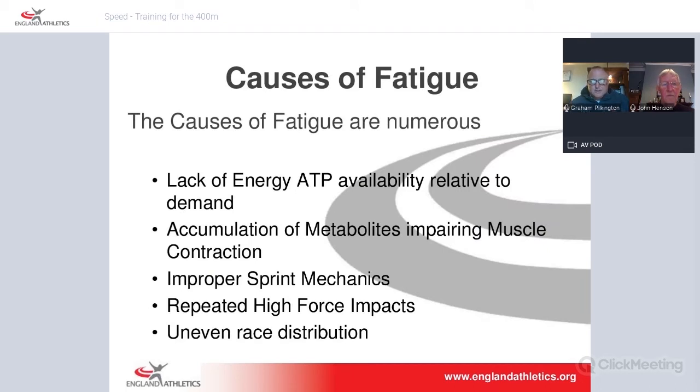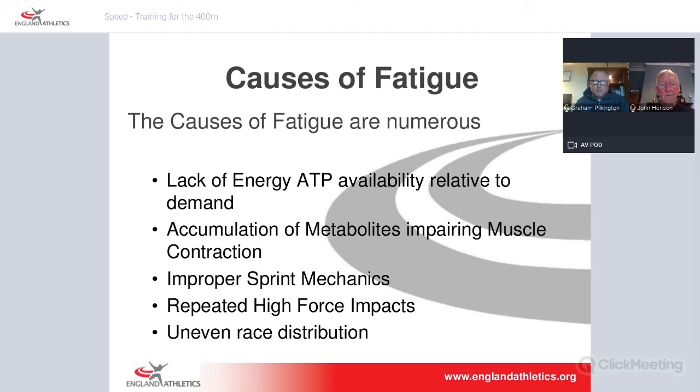I've taken these off a presentation elsewhere, but the main ones are lack of energy, the ATP system availability relative to the demand of the event, and the accumulation of metabolites impairing muscle contraction, which we will touch on briefly.